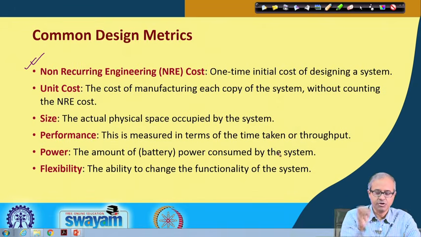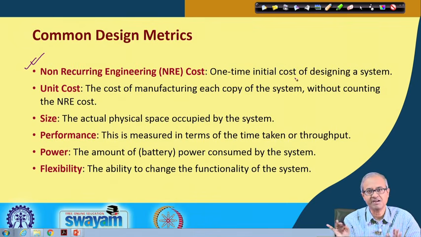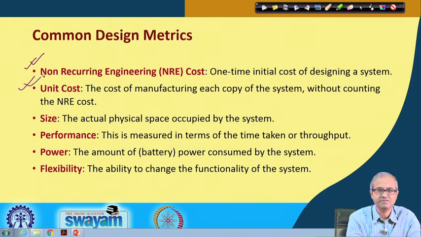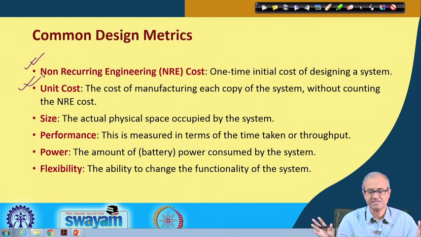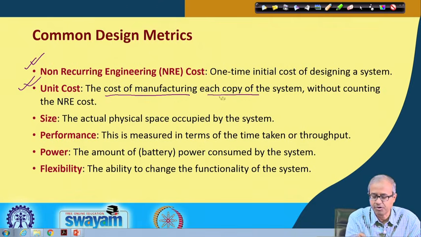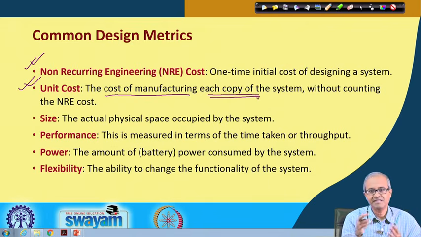Okay? So, non-recurring cost is the one-time initial cost, and once you have this NRE cost covered, you talk about unit cost. So, after you have that infrastructure, what is the cost of manufacturing for every copy of the system? That you define as the unit cost. Okay?